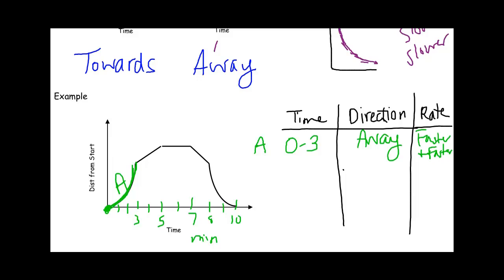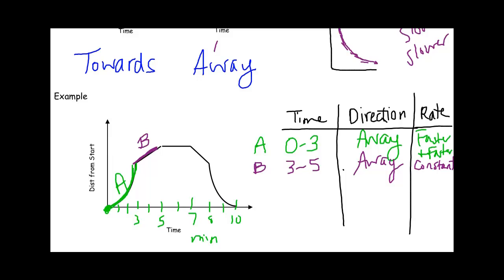Then, what happens at 3 minutes? We get to this portion right here. So in part B. For about the next 2 minutes, or from 3 to 5 minutes in his journey, he's still running away, right? That graph's still going up. But now he runs at a constant speed. He got up to the speed he wants to go, now he's just going to kind of cruise.